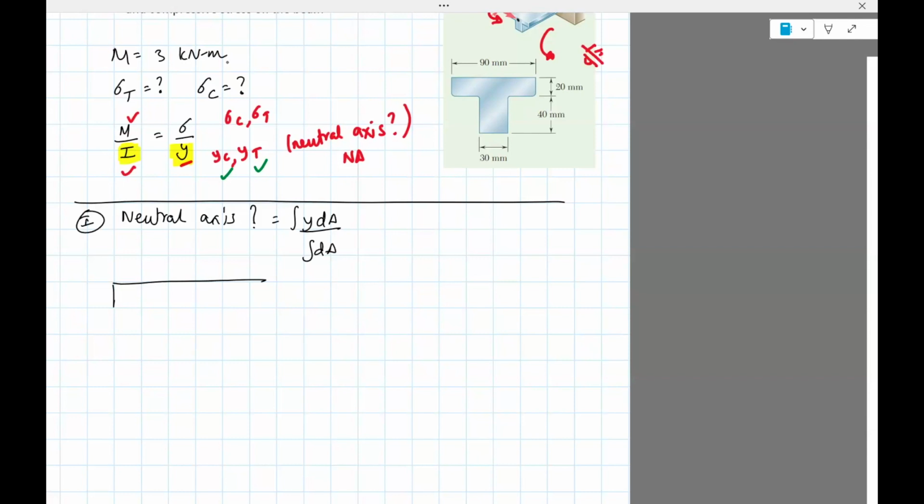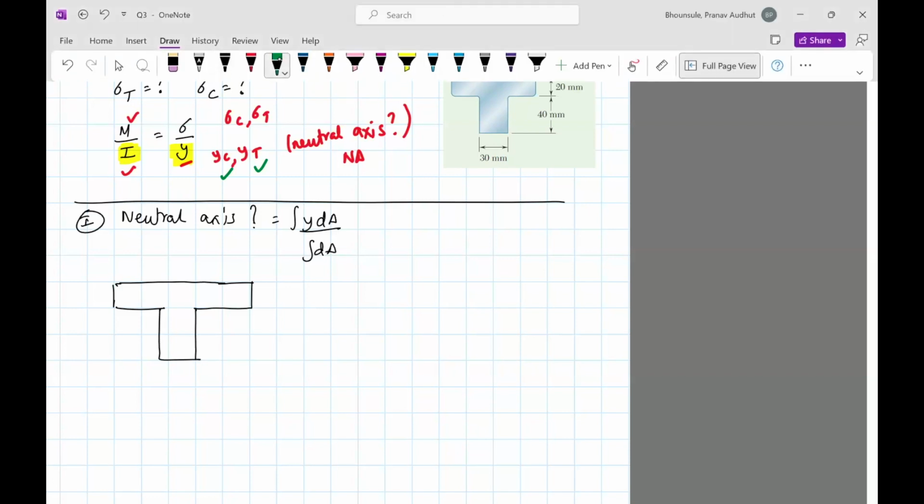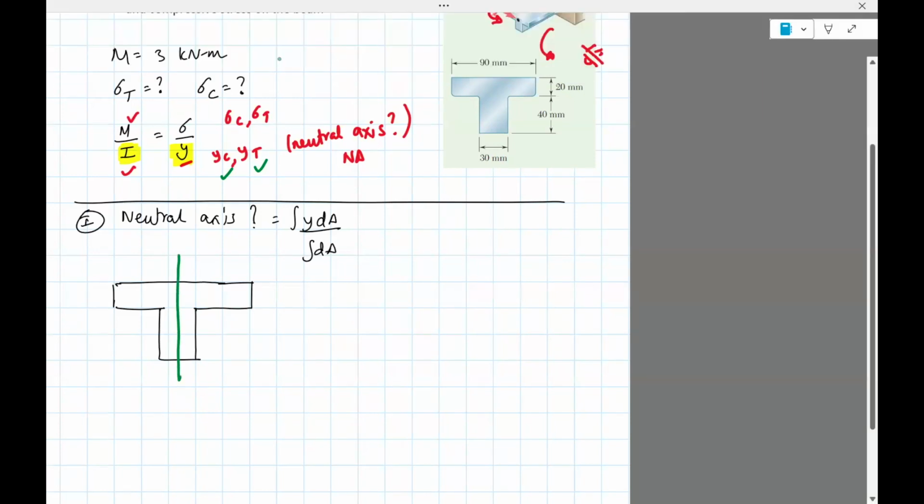So I'm just going to redraw this T section. Okay, fix an origin of your choice. Doesn't matter where you want it. We can see that it's actually going to be symmetric about this axis, right? So why not choose the origin right here?